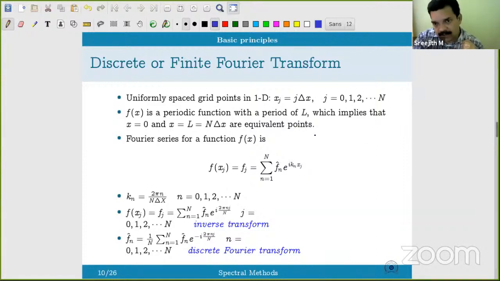So if you have a one-dimensional domain, we start from here, 0, 1, 2, 3, etc., up to the last point, which is N. So totally you have N plus 1 points. If it is periodic, it means the first point and last point are equal. So we need to solve only the N points. The first point and last point are the same.